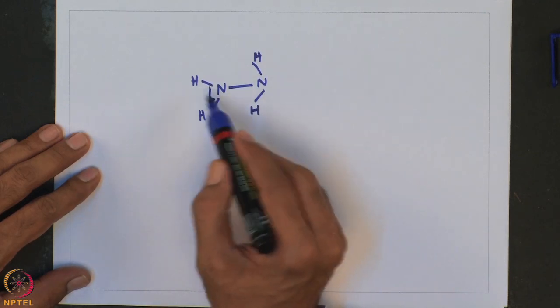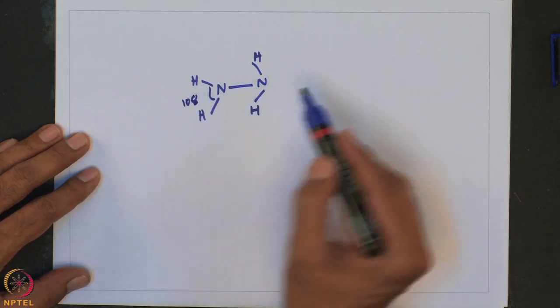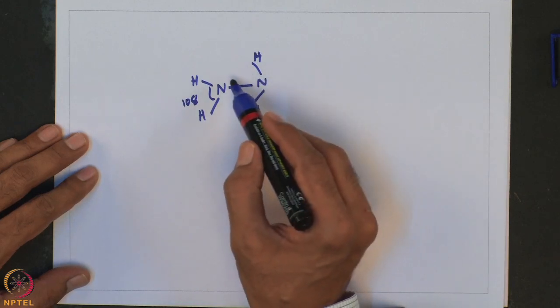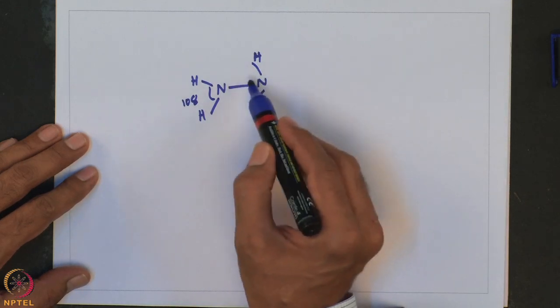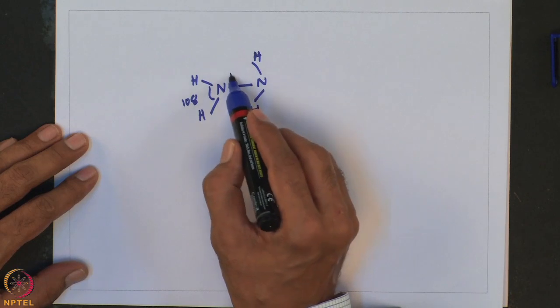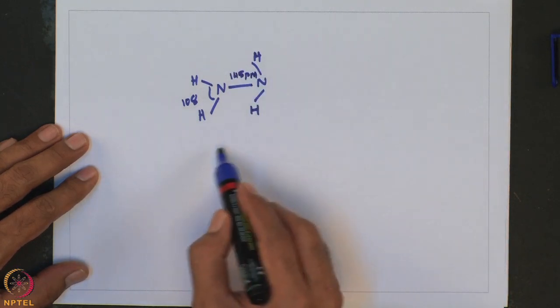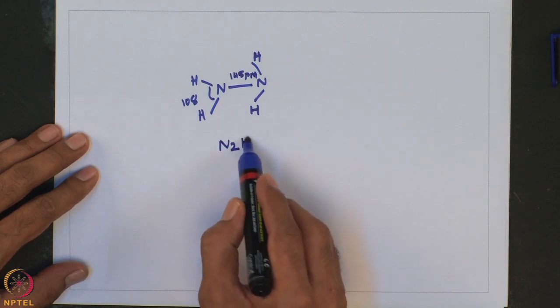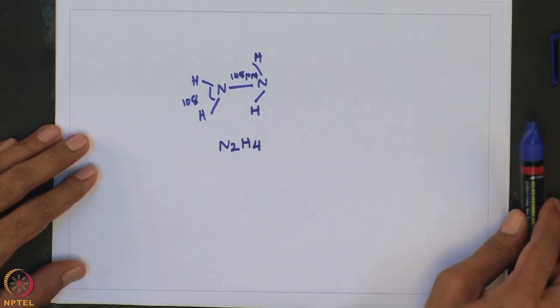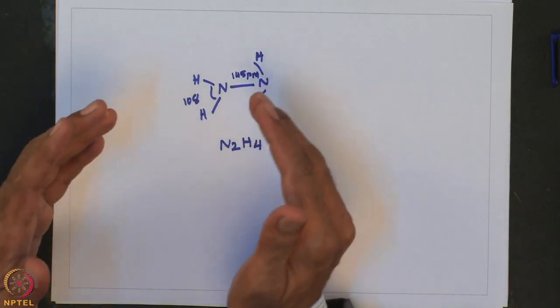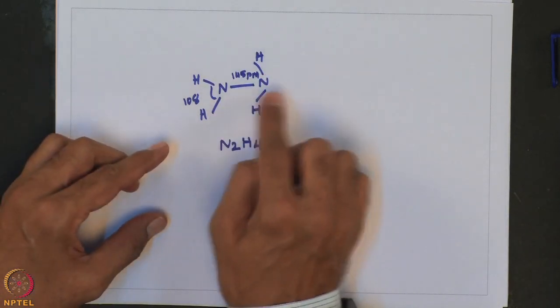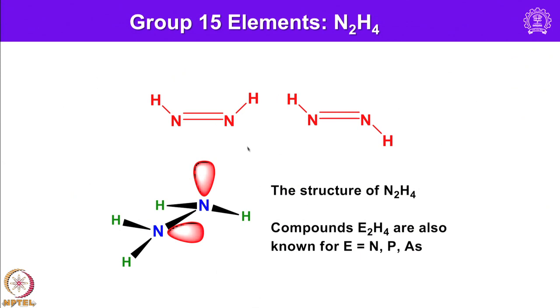Here, the angle is 108 and the NN distance is 145 picometer. It has this kind of gauche structure to minimize the lone pair interactions. You can see here I have shown 2 different types of structure for hydrazine.